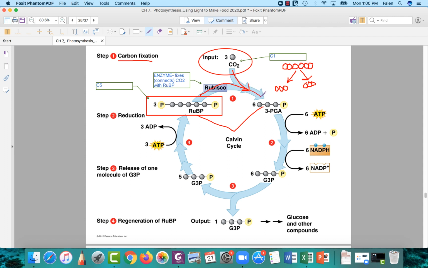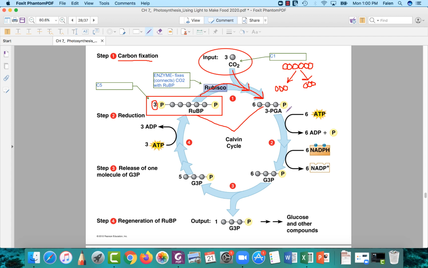And what do we get? We go from having 3 RUBPs adding on, which is a C5, adding on a C1. They break apart, and we get 6 of this molecule called PGA.